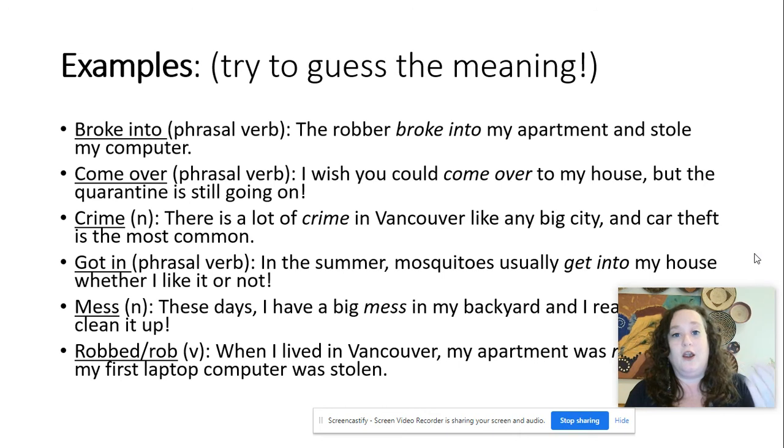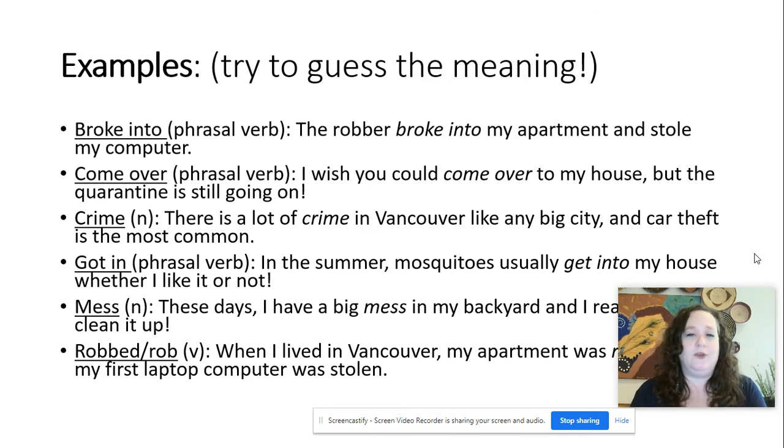Come over, come over. Phrasal verb. I wish you could come over to my house, but the quarantine is still going on. Okay, one more time. I wish you could come over to my house, but the quarantine is still going on.